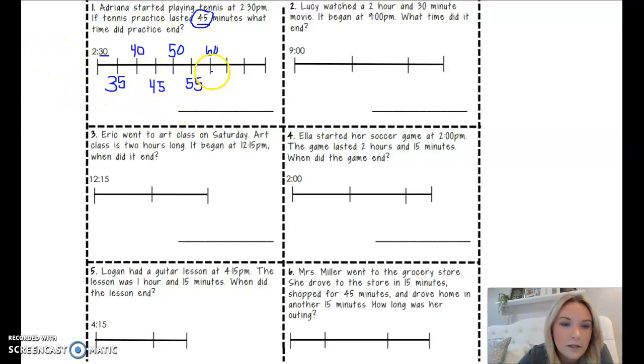So this line right here is showing that it is now 3:00. Now it's 3 o'clock, but we're still counting by 5. So we have 30, 35, 40, 45, 50, 55, 60.